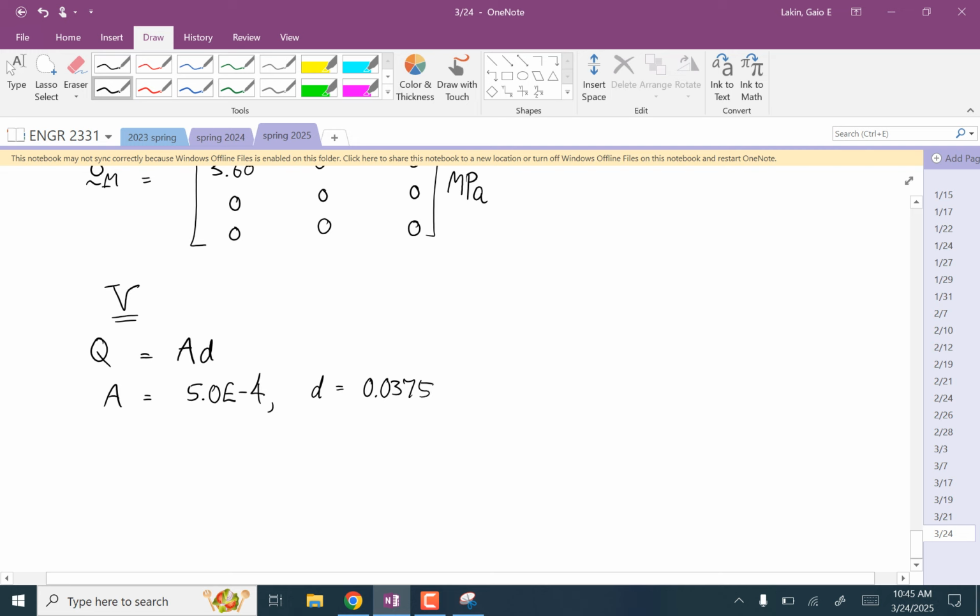Wait, how did we get that again? Here's the cross section. Here's the neutral axis. From the neutral axis to the top is 0.05.